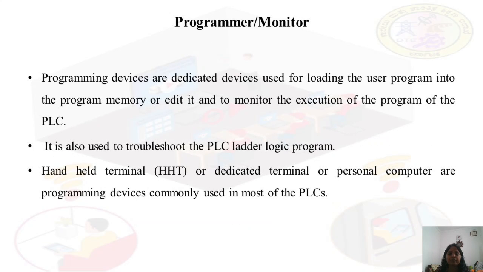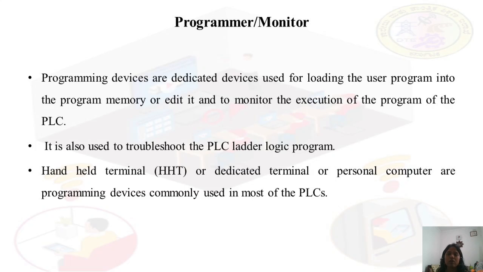Understood? Next one is your programmer or monitor. What is this programmer? For the PLC to execute, you should have some kind of program. You are writing the program in ladder logic. So from where you need to enter that program, you need some kind of programming devices. Programming devices are dedicated devices.